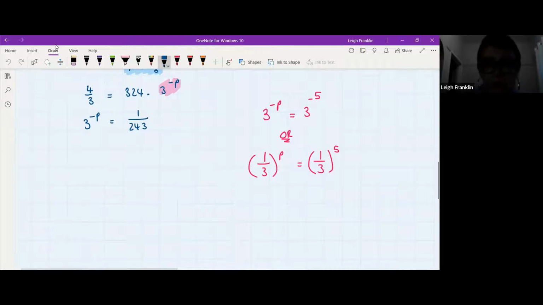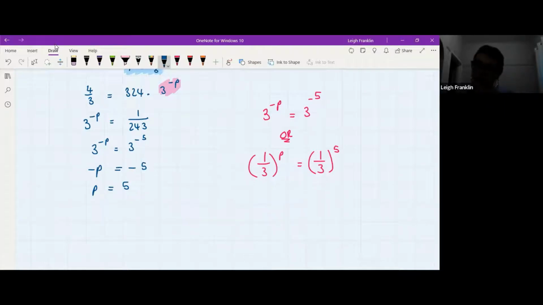All right, do you prefer the first one? Yes, I suppose. Yes, ma'am. Okay, all right. So that means that minus p is minus 5, and of course, p would be equal to 5.